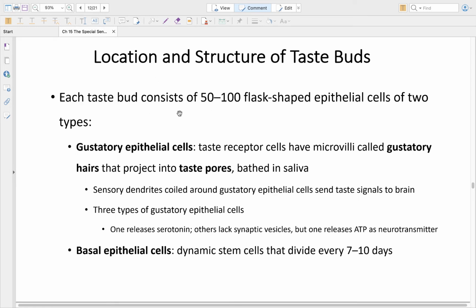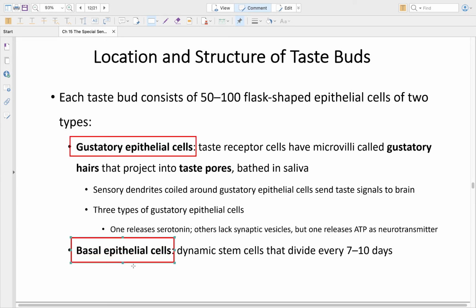Each taste bud has anywhere from 50 to 100 epithelial cells, and there are two types: the gustatory epithelial cells and the basal epithelial cells. The basal cells are very straightforward. These are simply stem cells that divide every 7 to 10 days to replace the cells that are in your tongue. So no surprise there.